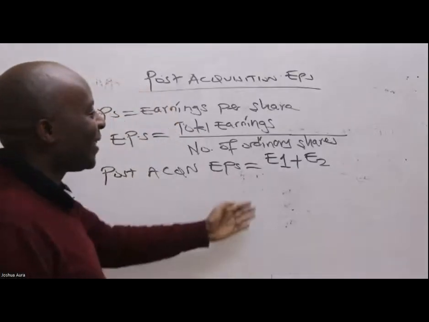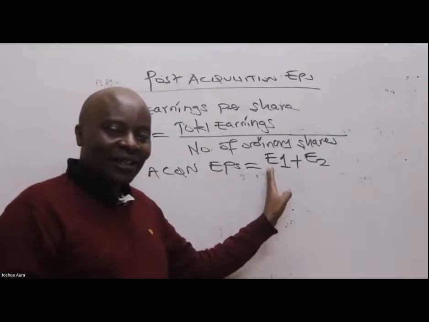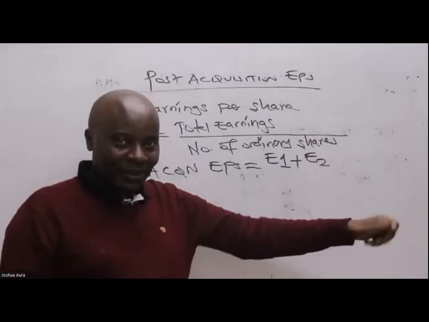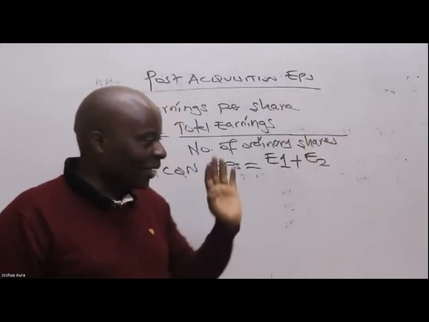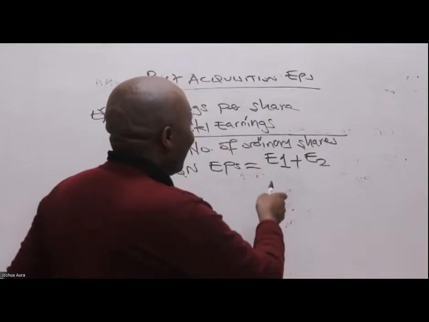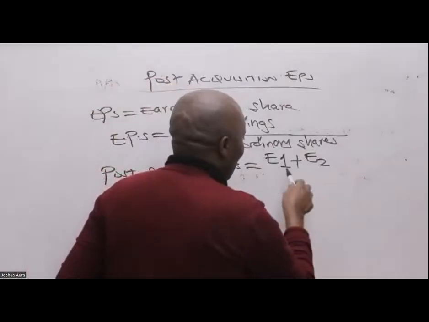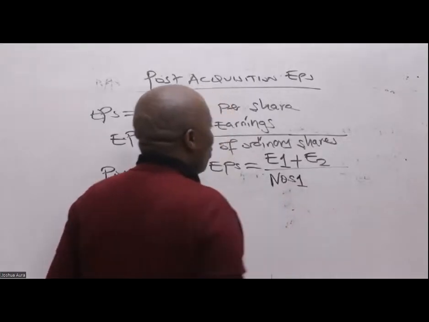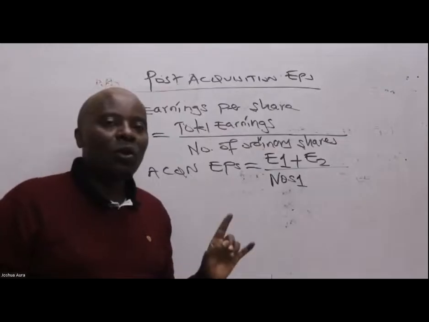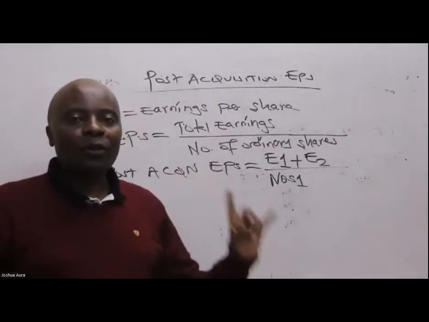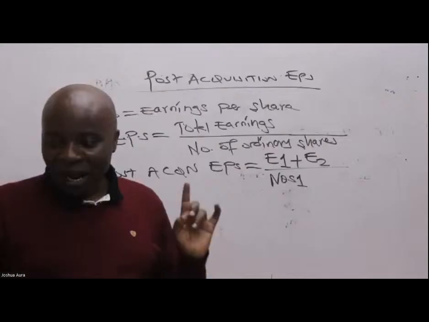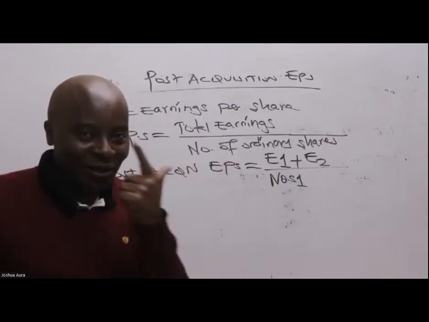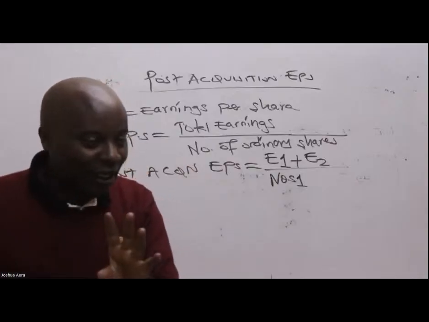So you take earnings of the husband plus earnings of the wife, lock them. The wife throws her key to the man, who, being the head of the family, should be able to run the family finances. All over, then we have NOS1. Whenever you see us using NOS, it stands for number of ordinary shares.